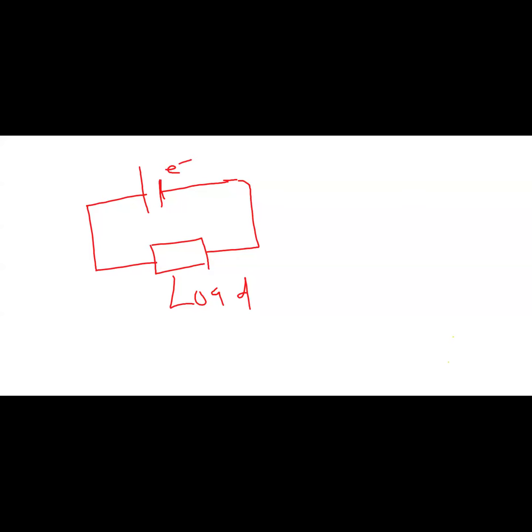And these electrons drift from the negative terminal to the positive terminal. Is that okay? So the drifting of electrons from negative to positive automatically creates current.